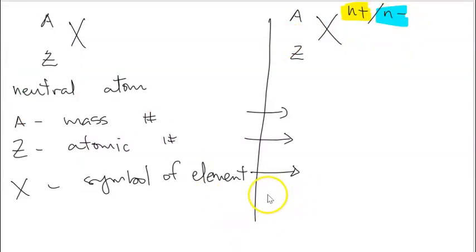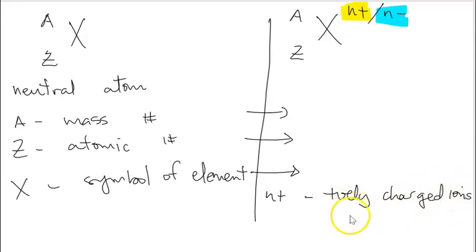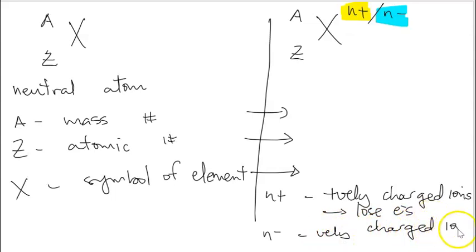N plus is for positively charged ions, which are formed when atoms lose electrons, and then N minus would be for negatively charged ions, which would be formed when atoms gain electrons.